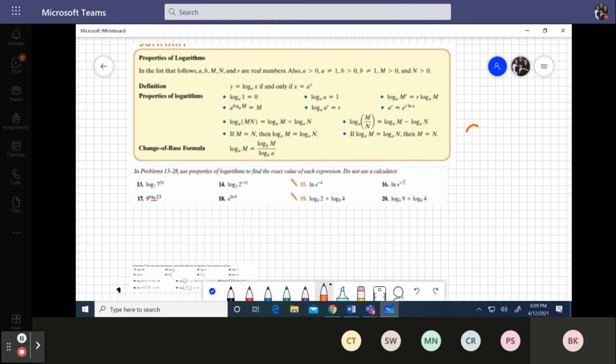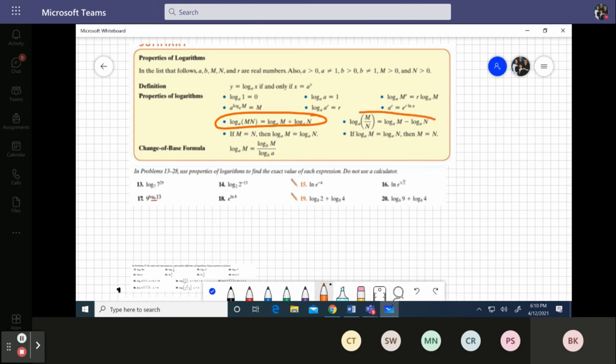Now, you know when you had a to the third times a to the fourth, you used your product property and you added those exponents and you got a to the seventh. Well, that is right here. I can have a multiplication and break it down into addition. I can have an addition and simplify it to a multiplication.